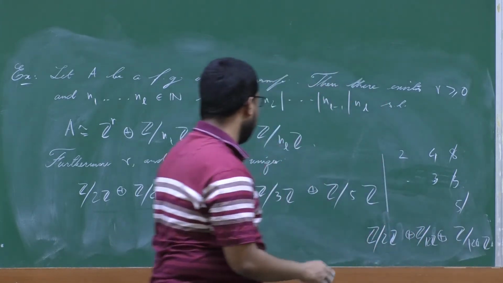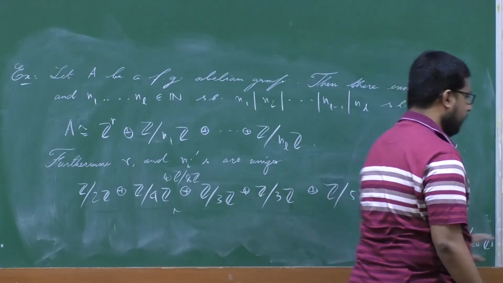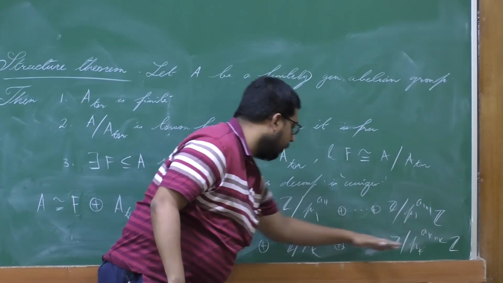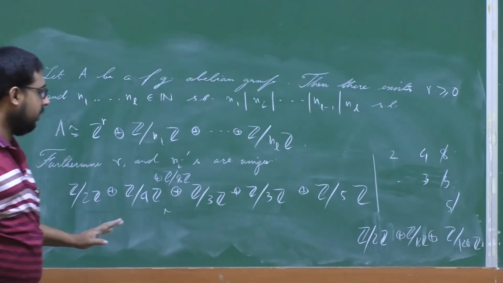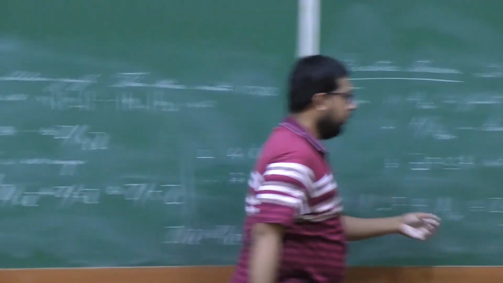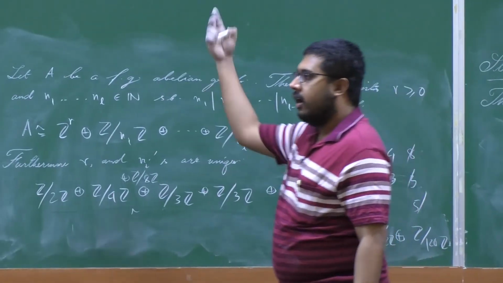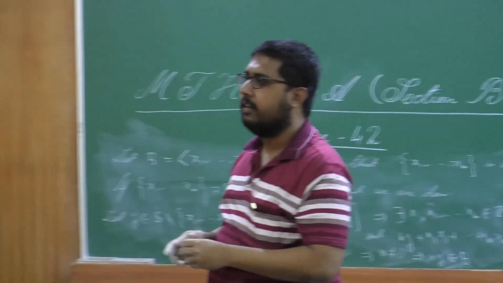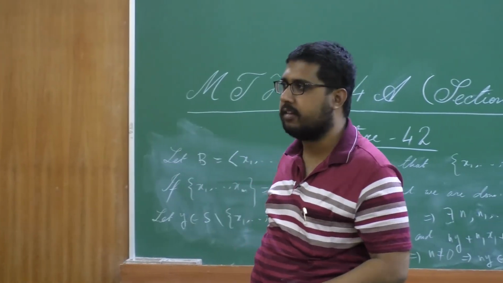So by this example I showed how to bring such an abelian group into this form, and this example in fact shows you the method for doing that. Corresponding to every prime, you first pick the top orders, and then take their product to form the cyclic factor, then cross out whatever has been considered, and then go for the next top orders.